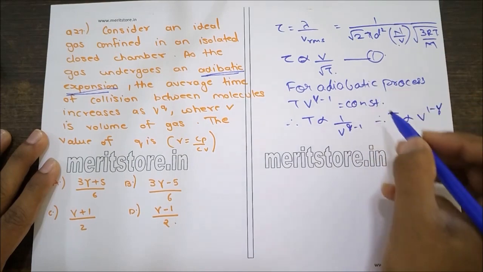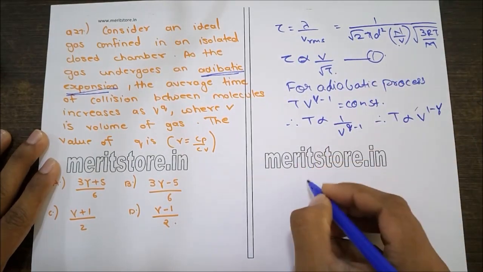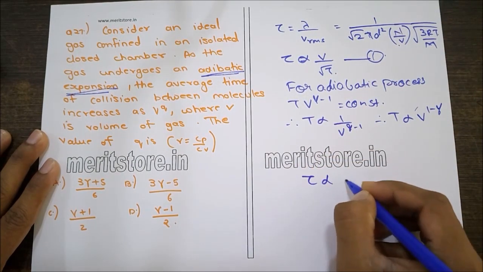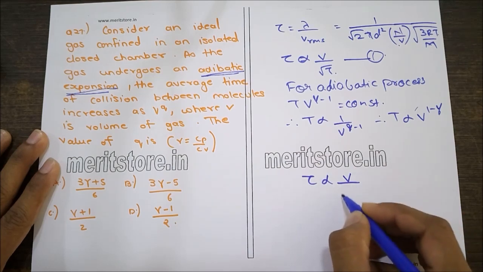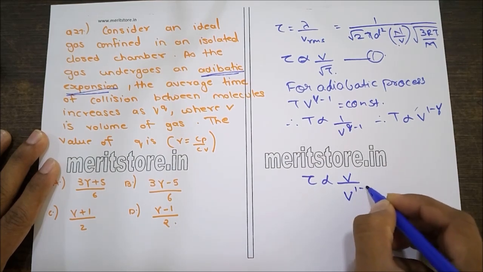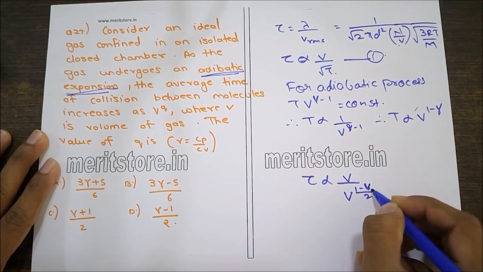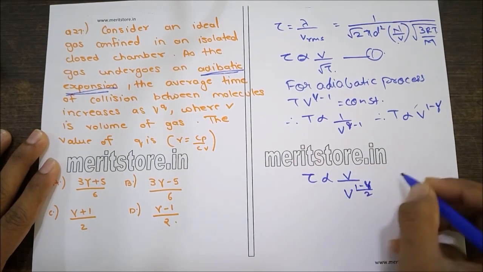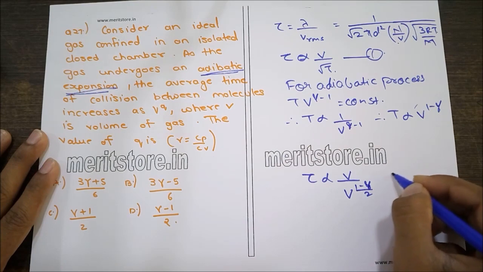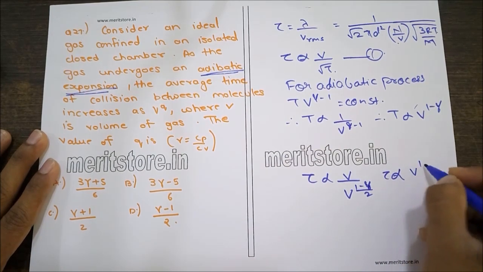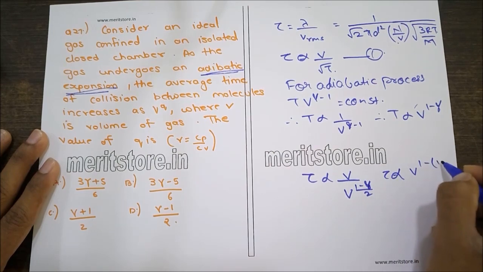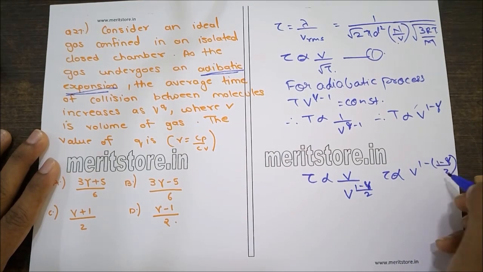Substituting the value of t as v raised to 1 minus gamma over here, we get tau is proportional to v upon root of t, which can be written as v raised to 1 minus gamma upon 2, and this can be simplified as tau is proportional to v raised to 1 minus (1 minus gamma) upon 2.